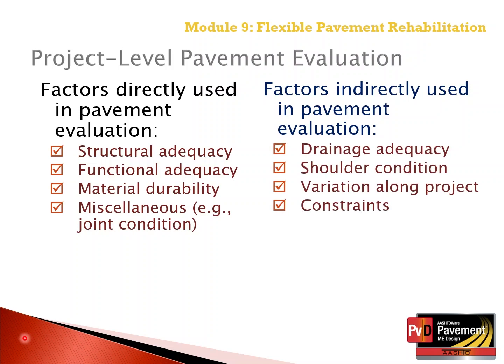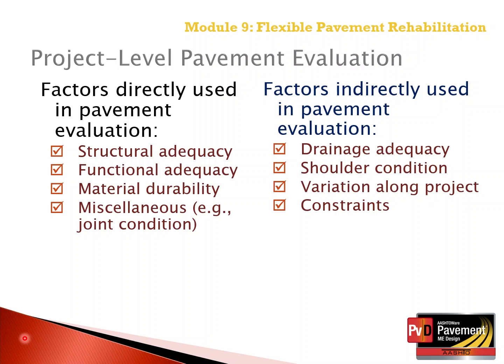The indirect factors include items such as drainage adequacy for any drainage ditches, curb and gutter, anything to do with the drainage adequacy of the pavement from a surface standpoint as well as from a subsurface standpoint. Also, the shoulder condition, variation along the rehabilitation project, and other constraints.